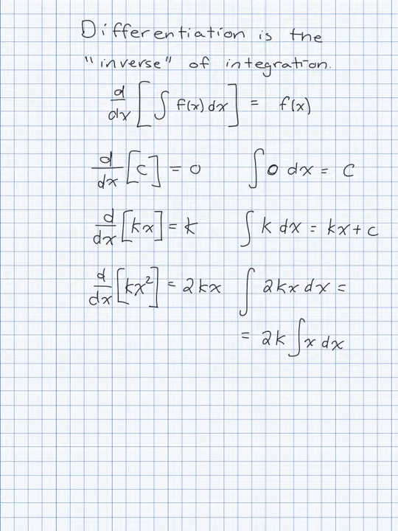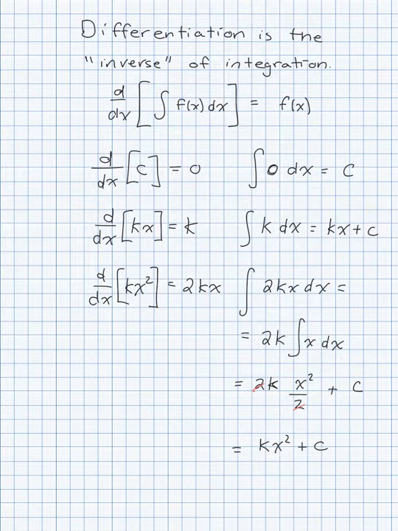So integrating x with respect to x, I have 2k times x squared over 2 plus this constant of integration. And if I simplify that, the 2's cancel, and I'm left with kx squared plus c.